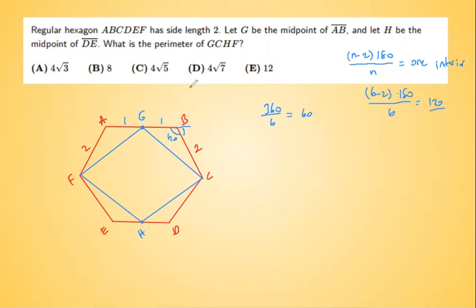And now we need to find this side, but at the same time, this side and this side are actually the same, because since this is a regular hexagon, these are all equal to 120, and this is also 120. Since we are told this was a midpoint, this is 1, this is 2, so this is a triangle with two sides 1 and 2, and the same thing is going on right here.